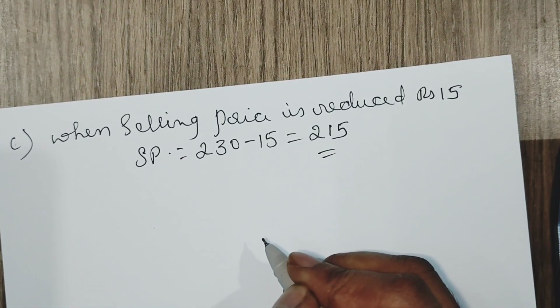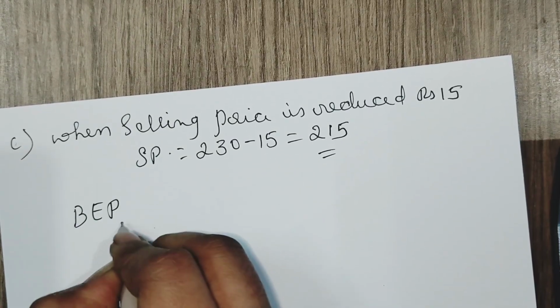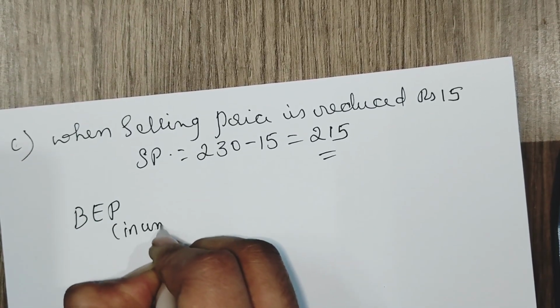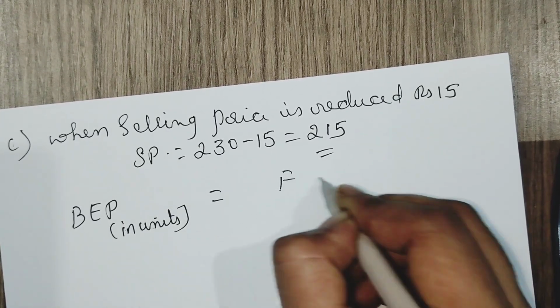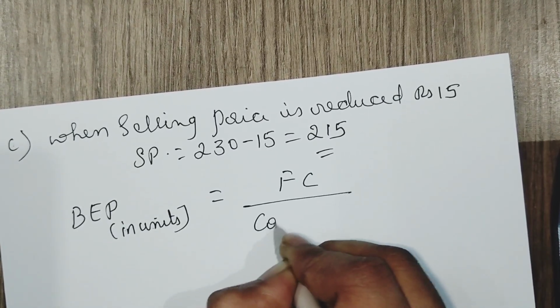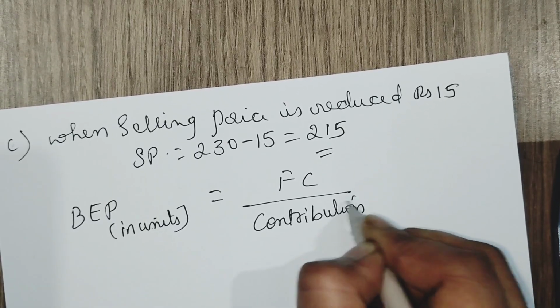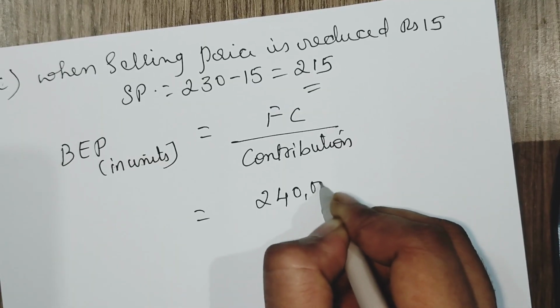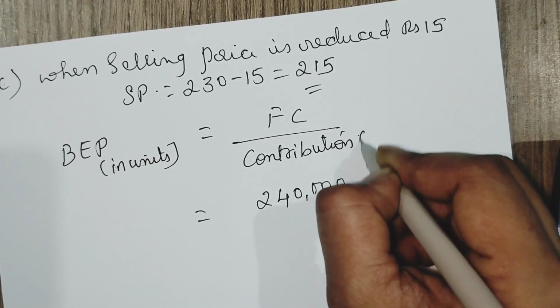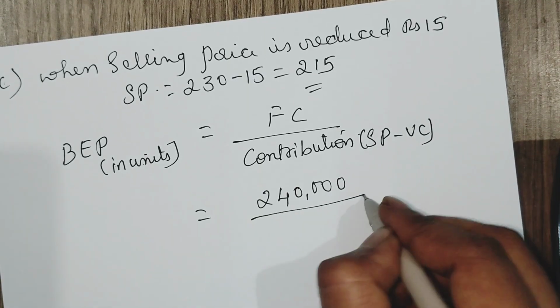Now let us find out the BEP in units. The same formula we are using, only the selling price changes: fixed cost divided by contribution. Contribution means selling price minus variable cost per unit.